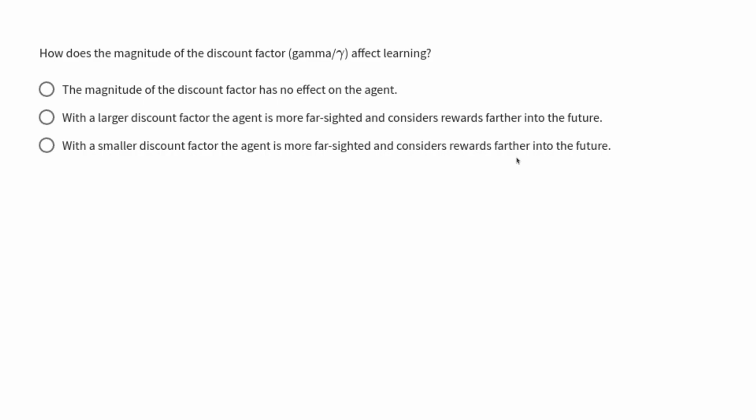So you are giving importance to future reward as much as the current one. So with a large discount factor, the agent is more far-sighted, considering reward further into the future. That's true. With a smaller discount factor, the agent is more far-sighted? No. If I put gamma as 0, it will be only R0. I'm only seeing the current immediate reward, not what is happening in the future. So option 2 would be correct.